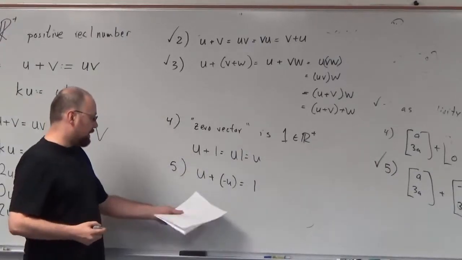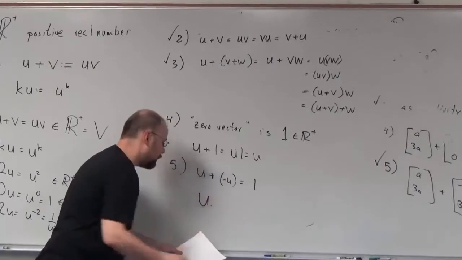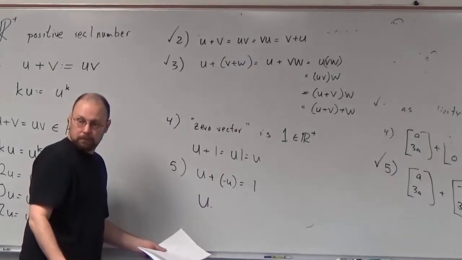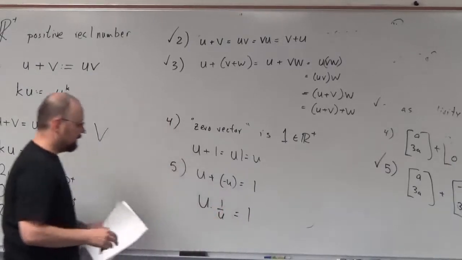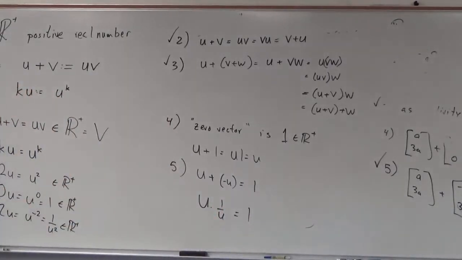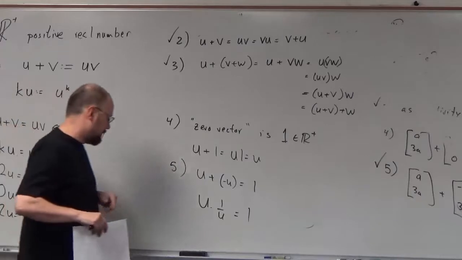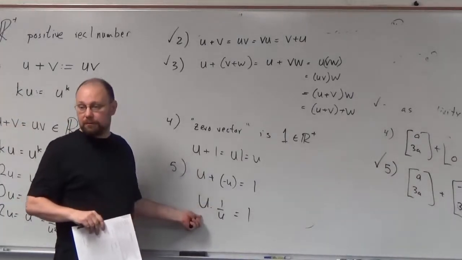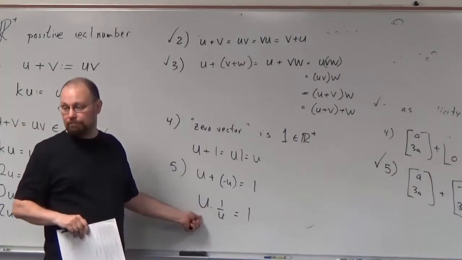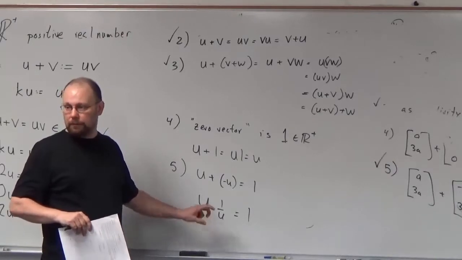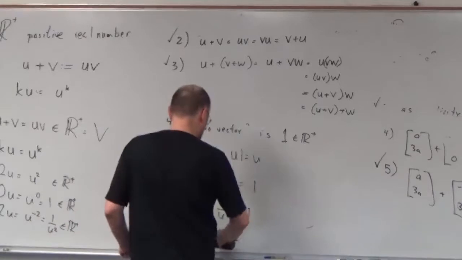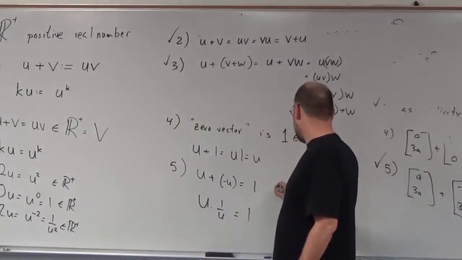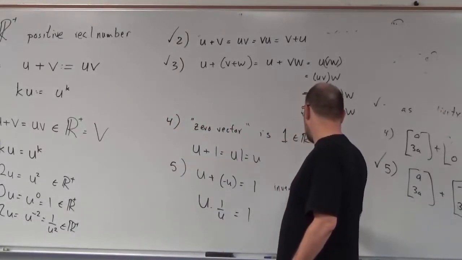So what do you think u times what would give you 1? Its reciprocal. So our negative vectors are really reciprocals. And that's always defined because u is a positive number. Only 0 doesn't have a reciprocal. So the additive inverses are the reciprocals.